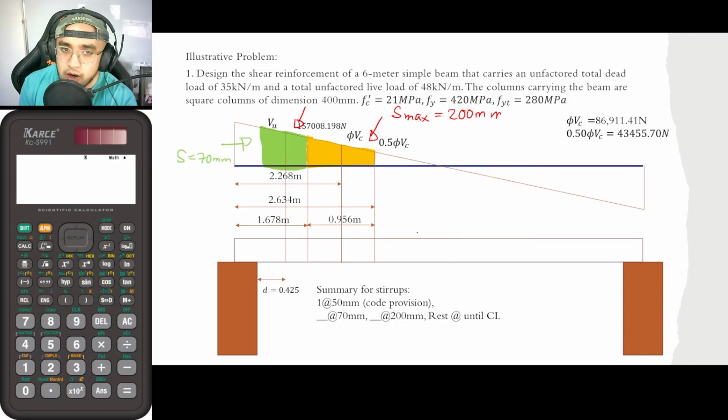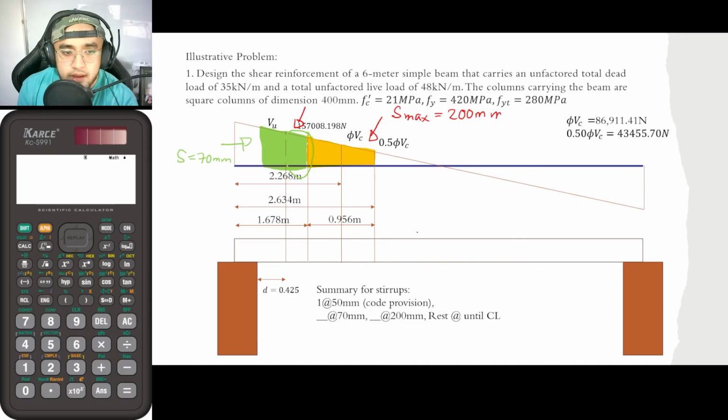So, yun, safe po siya pero hindi naman po siya gaanong efficient. Kasi hindi naman po talaga kailangan ng 70 mm sa part na to eh. So again, just for the sake of discussion, I will be extending 70 mm up until this portion. So actually guys, plenty of engineers do that and even in board exams, minsan ganito po yung approach natin doon. However, multiple choice naman po doon and during board exams, what you would be asked there is the theoretical spacing, the value of VS, and etc.